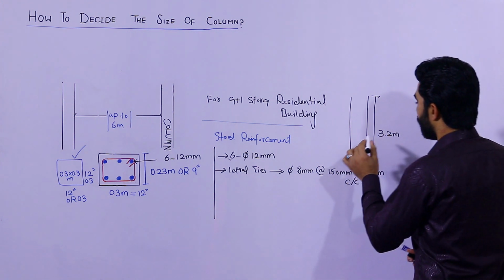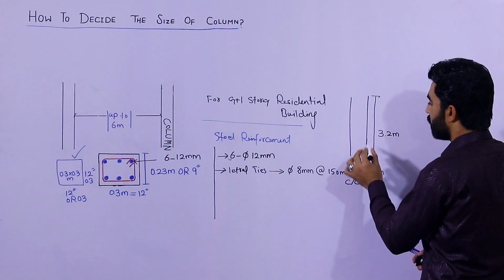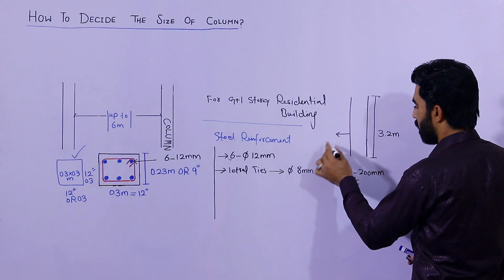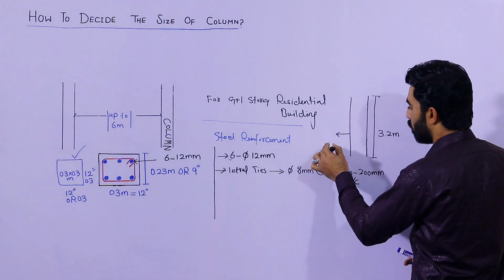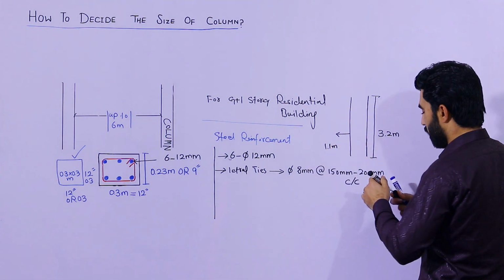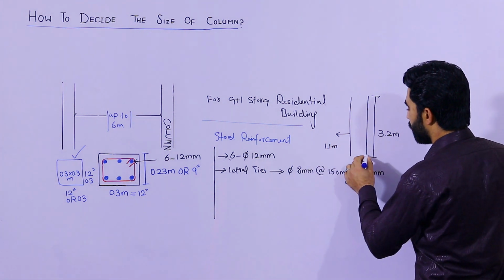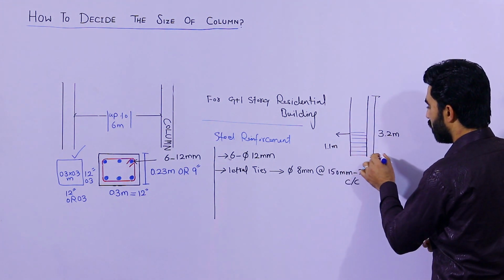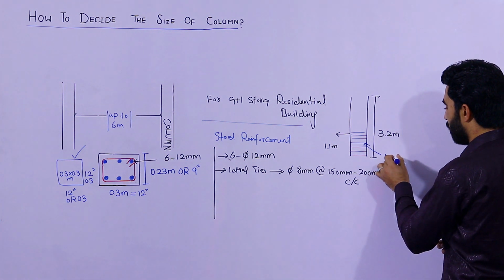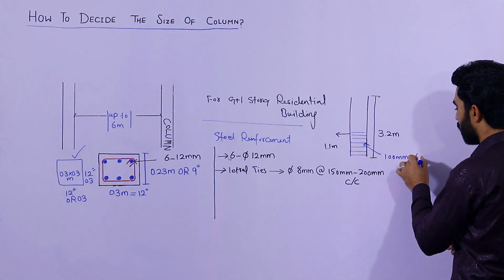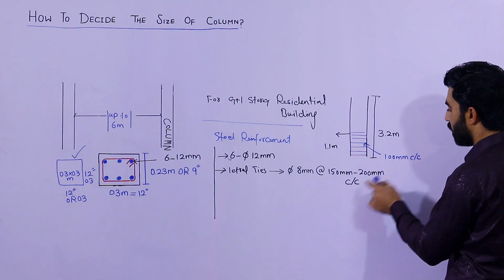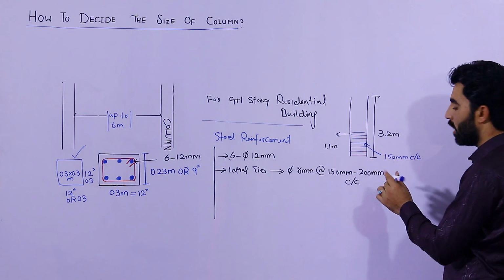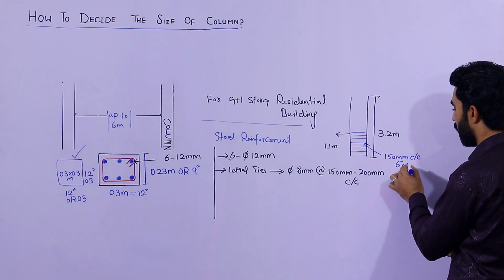So here, to the distance of minimum 1.1 meter, to the height of 1.1 meter, the spacing of lateral ties should be up to, sorry, 150 mm, not 100, okay, 150 mm, or you can say 6 inches, C/C.